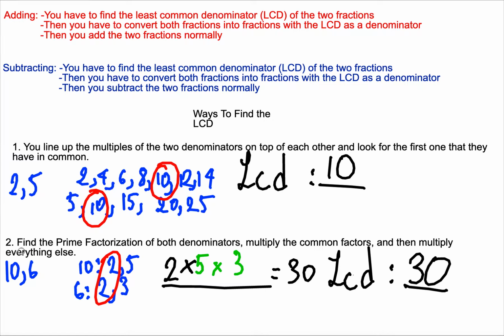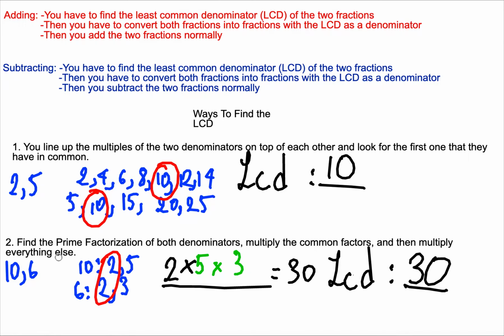Now for the second method, this method is more ideal for numbers that are larger. Now, 10 and 6 aren't that much larger than 2 and 5, but we just use that as an example.